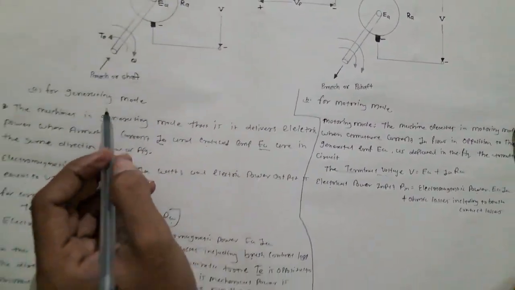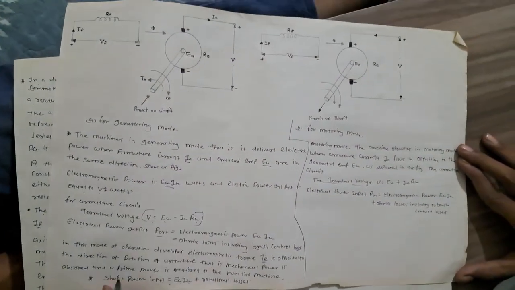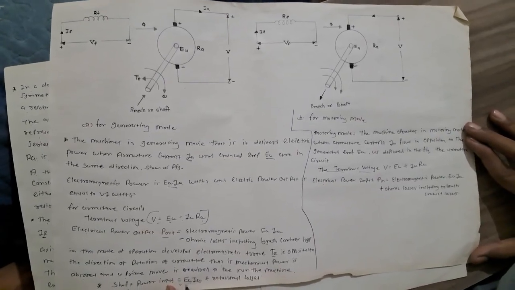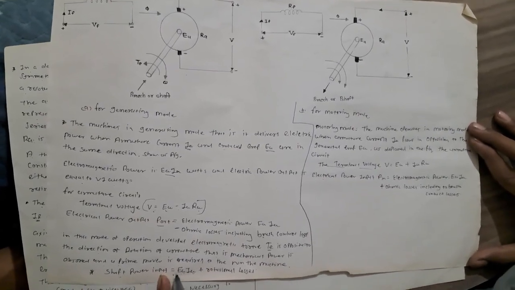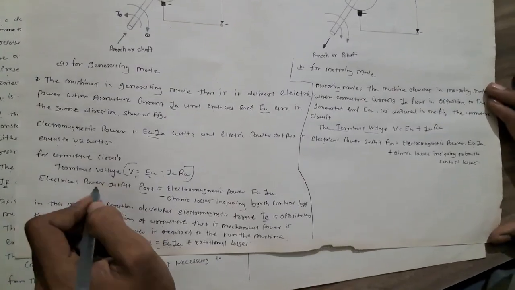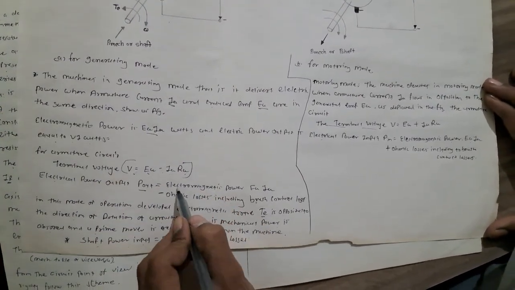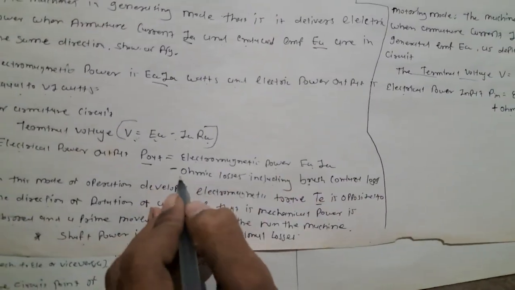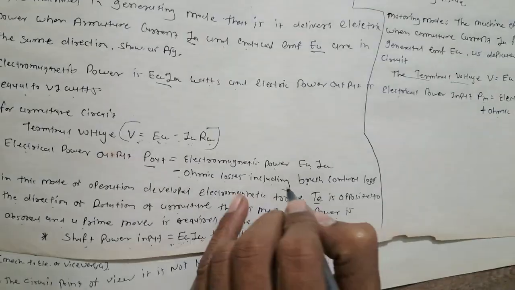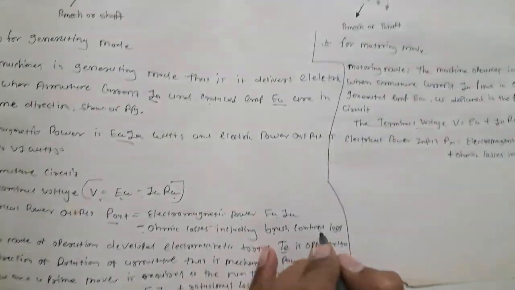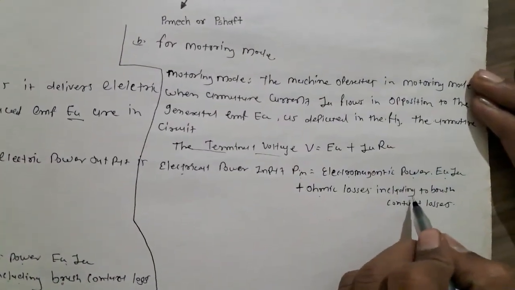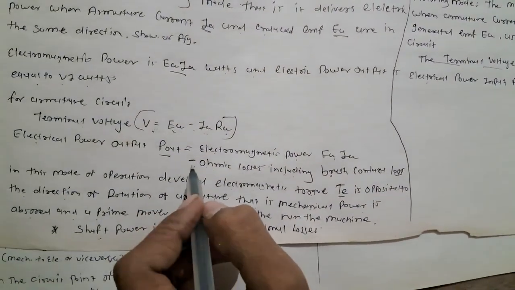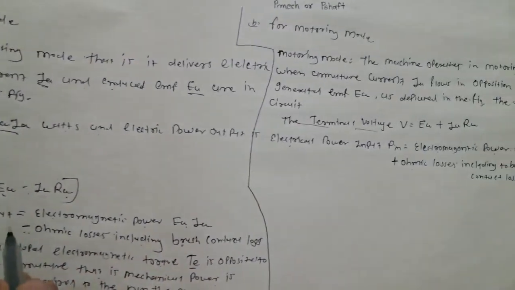In generating mode, the electric power output P out is equal to electromagnetic power EA IA minus ohmic losses including brush contact loss. The difference is only minus and plus.